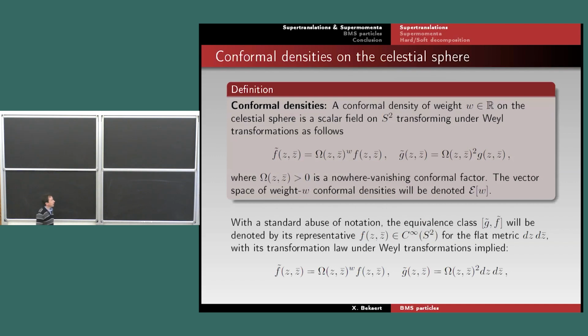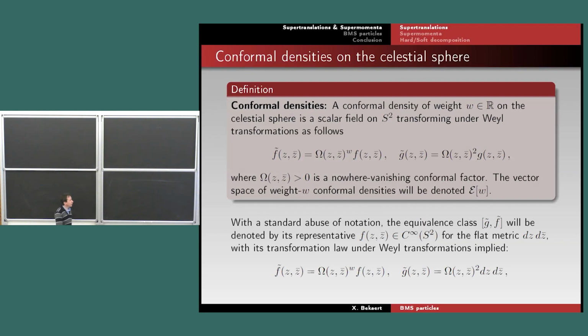I will need the notion of conformal density. By a conformal density of weight W, I basically mean a scalar field on the sphere which transforms with this weight under a Weyl transformation.